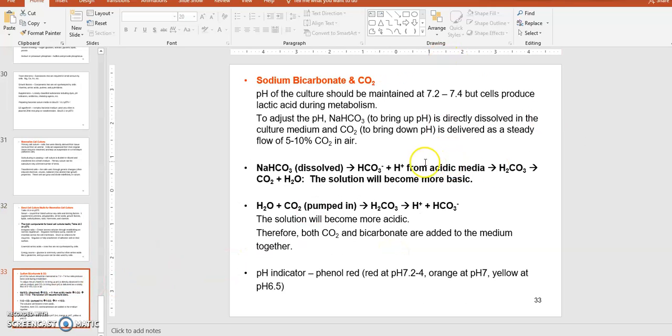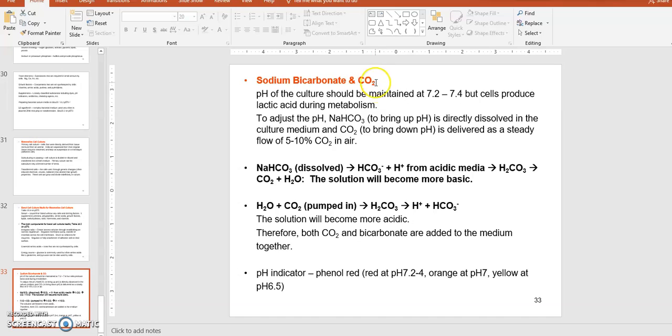Okay. And then what else is important? The pH adjustment is important, right? Like proteins and biological molecules, the cells should maintain the integrity of the pH as well. Then how would you adjust the pH of the cell culture if you're growing a mammalian cell? You can adjust the pH by using these two factors. One is sodium bicarbonate, NaHCO3.